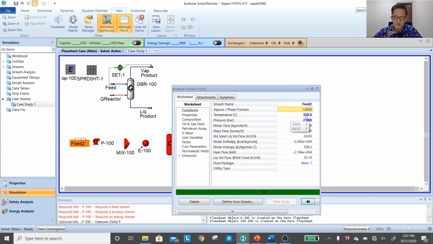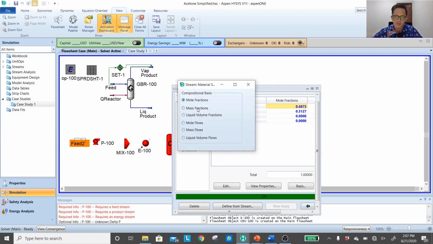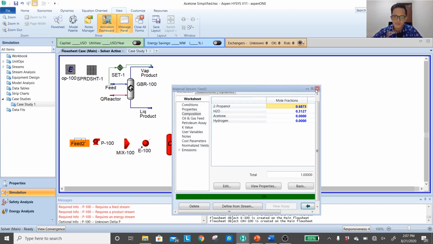But we have to fix some of those. The temperature is actually not 350, but it's 30 degrees C. The pressure has to be around 1 bar because it's at ambient temperature and pressure. It's in liquid phase, vapor fraction as 0, composition at azeotropic composition. Okay, same with the previous video.